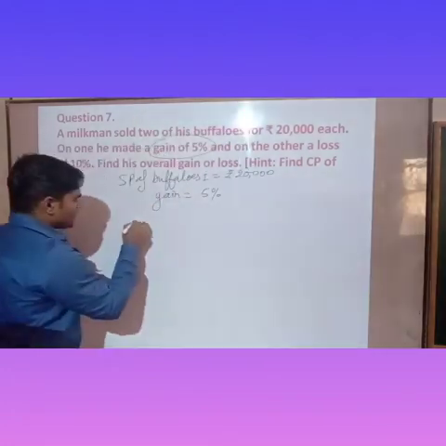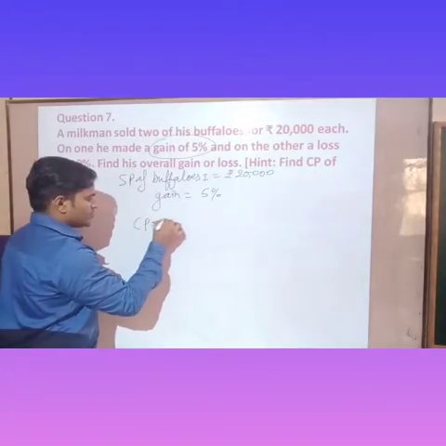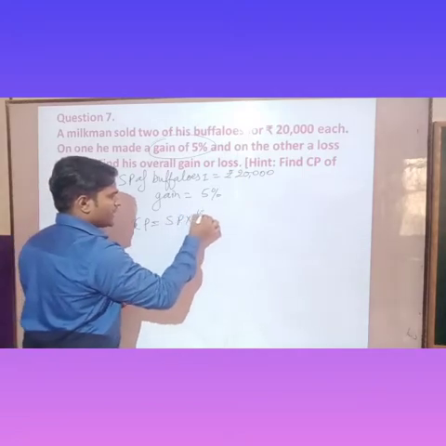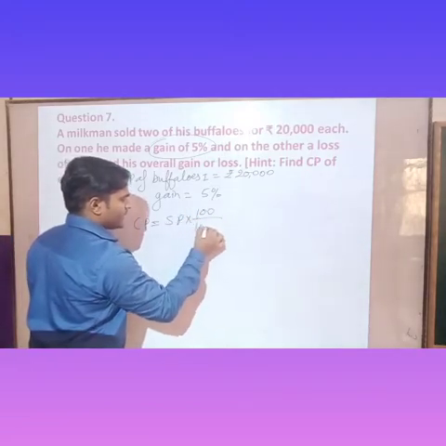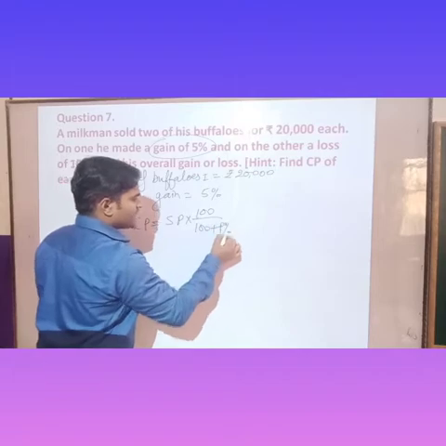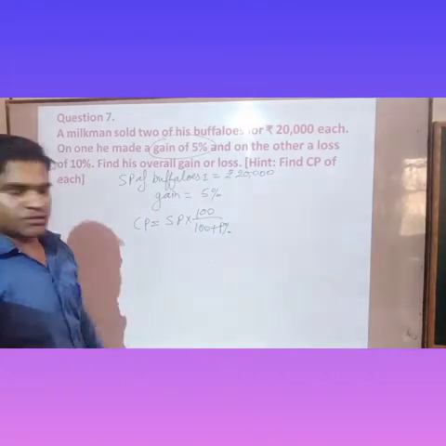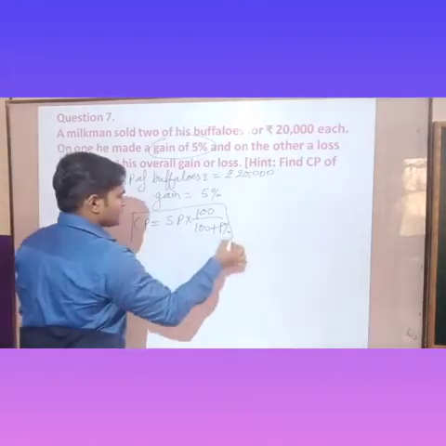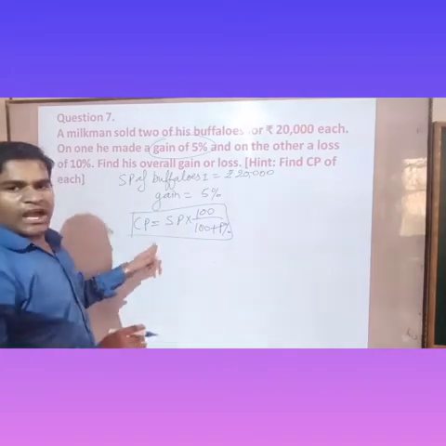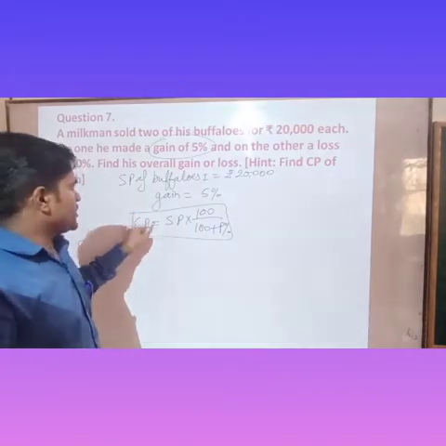We know that CP is equal to SP into 100 upon 100 plus profit percent or gain percent, according to the formula. We will apply this formula and find the CP of the first buffalo.